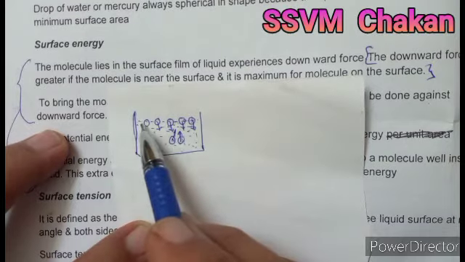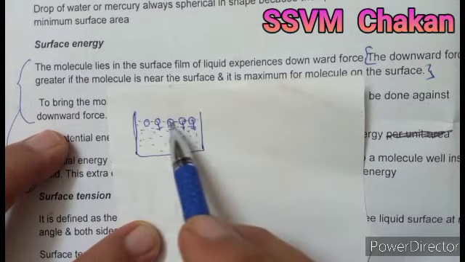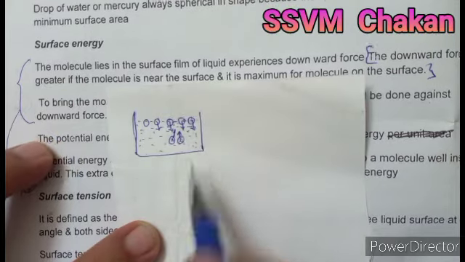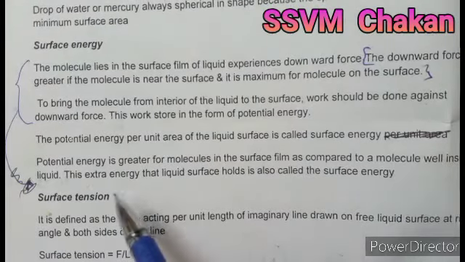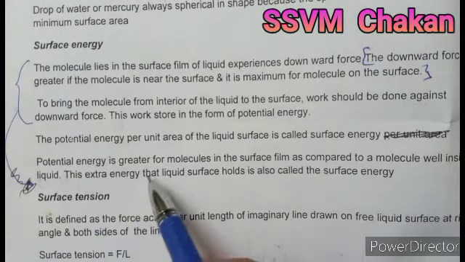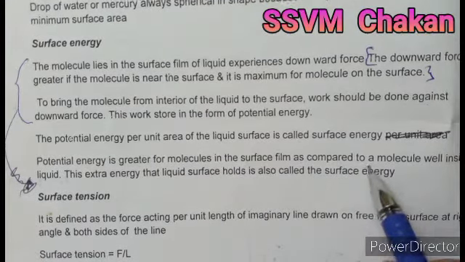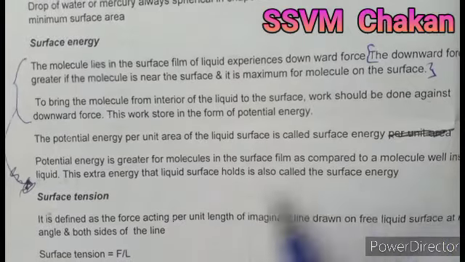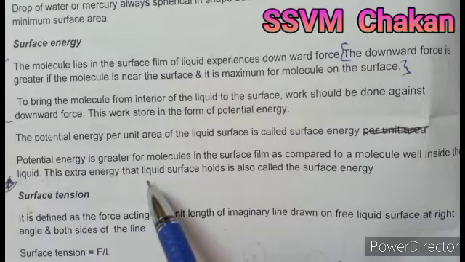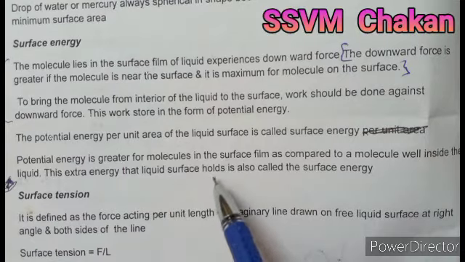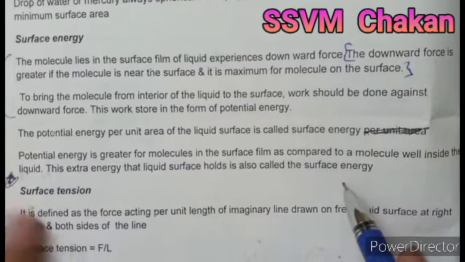The excess energy present with these top surface molecules is known as surface energy. The potential energy is greater for molecules in the surface film as compared to molecules well inside the liquid. This extra energy that the liquid surface holds is also called surface energy.